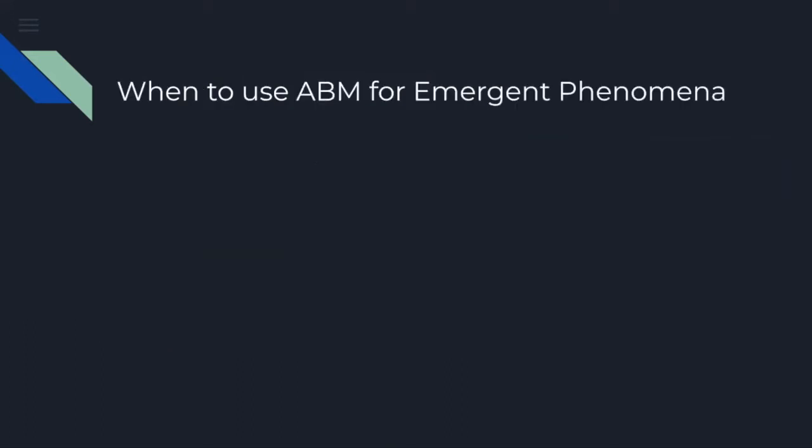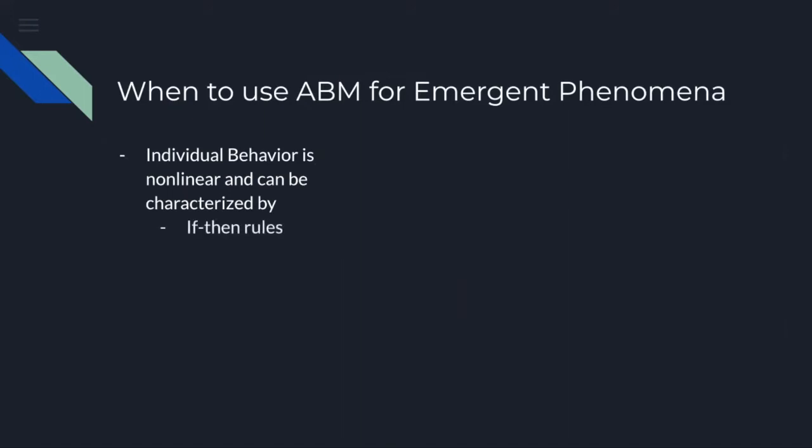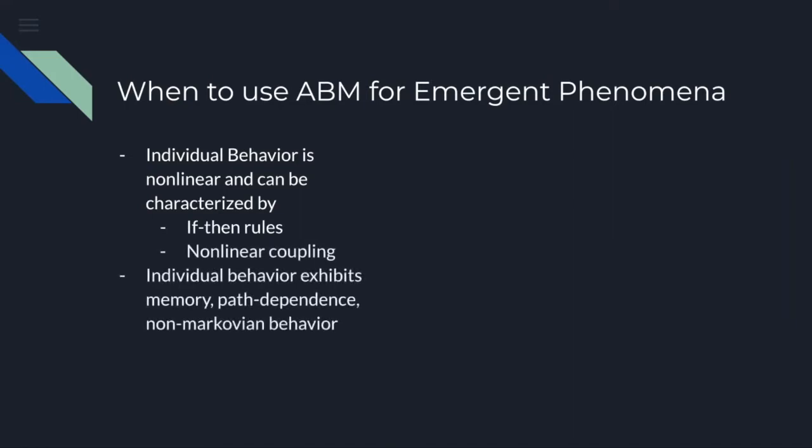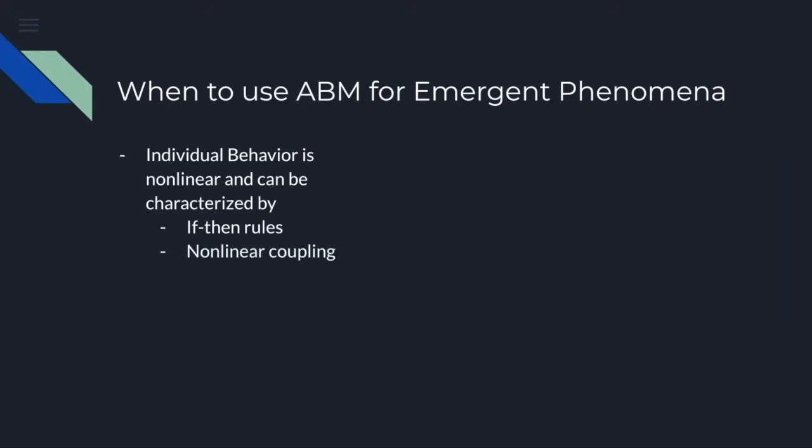So when to use agent-based modeling for emergent phenomena? Firstly, if individual behavior is nonlinear and can instead be characterized by if-then rules or nonlinear coupling. Nonlinear coupling could be thought of as when the interactions or the responses between the environment and agents, or a pair of agents, are non-proportional.